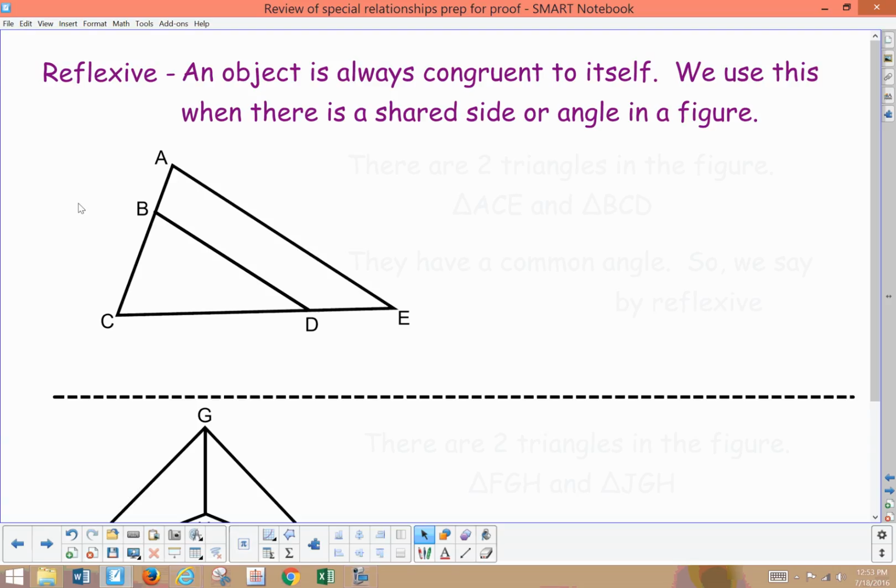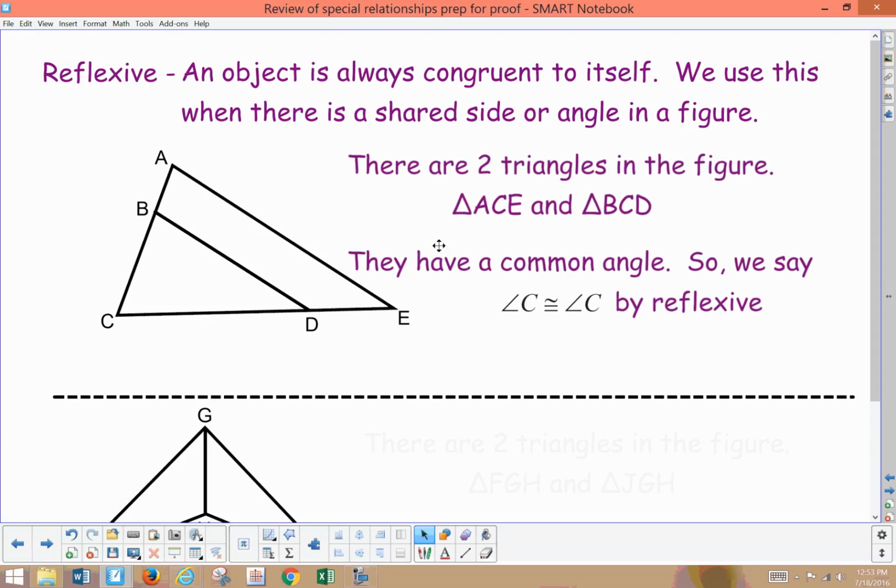So for instance, if I take a look at this figure over here on the left, there are two triangles in the figure, the triangle ACE and the triangle BCD. They have a common angle. That common angle is the angle C. So we can say that the angle C is congruent to the angle C by reflexive.